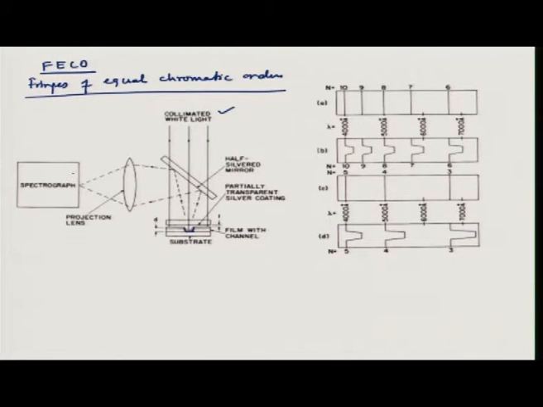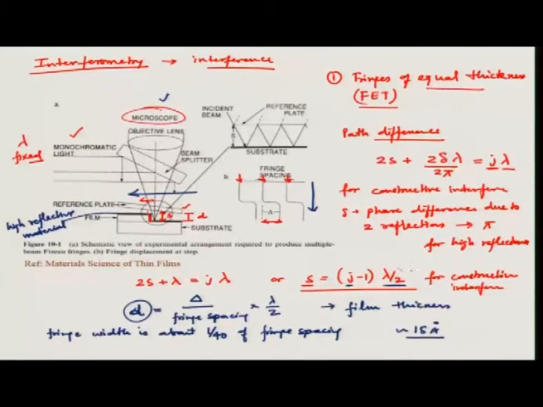Here you measure the intensity at different wavelengths. So these two patterns are without film, and you see which order of these fringes are constructive interference for different wavelengths, because different wavelengths would have different path difference and different condition for constructive interference depending on this equation.